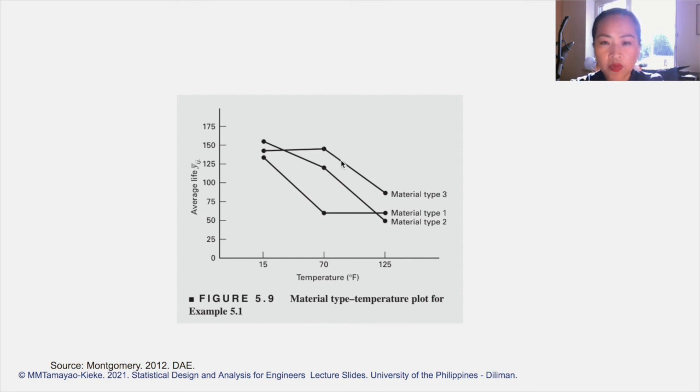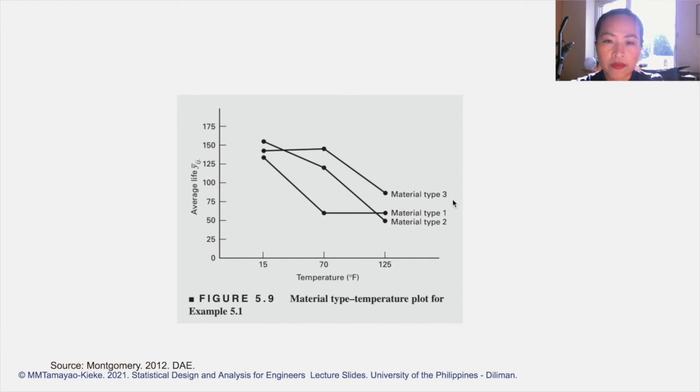Although material type 2 has the highest average life at 15 degrees Fahrenheit, it significantly drops as the temperature rises. For material type 1, it drops significantly as soon as temperature hits 70 degrees Fahrenheit, and stays low until 125.